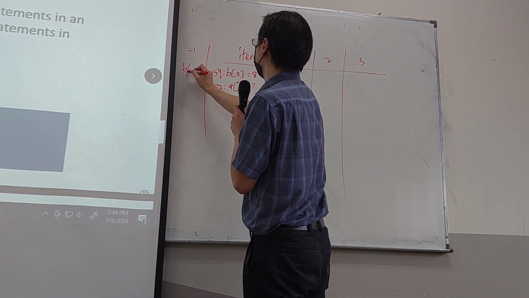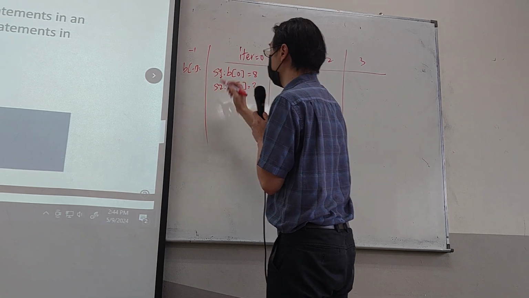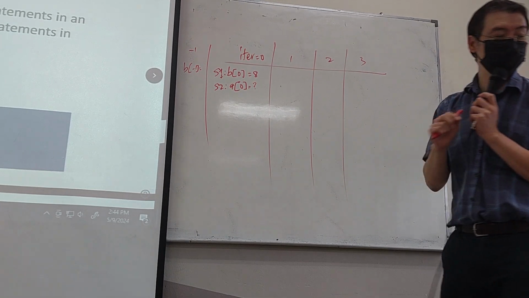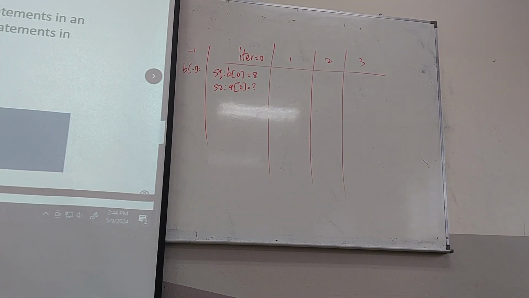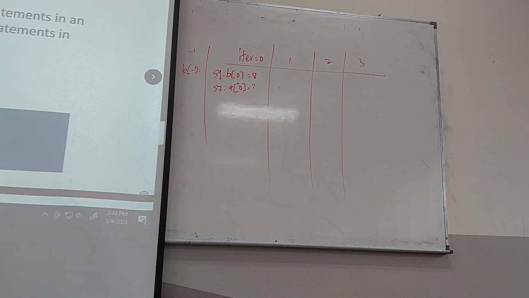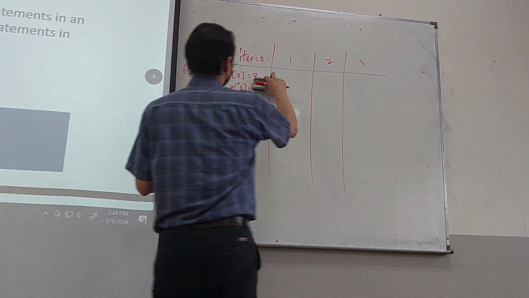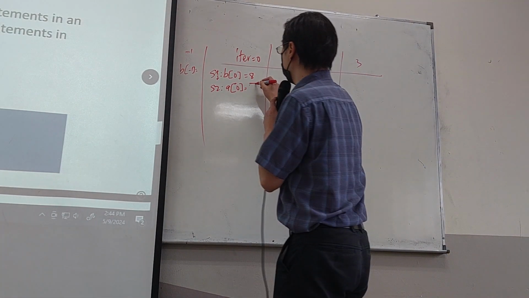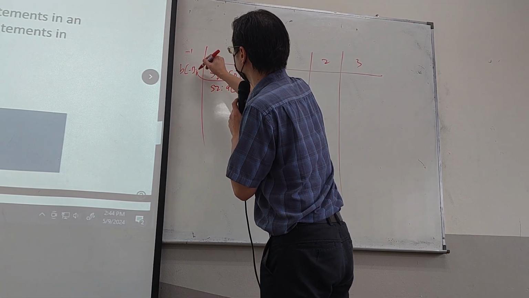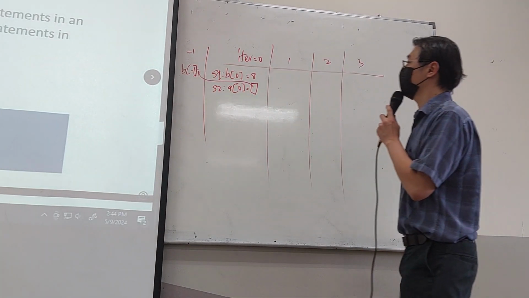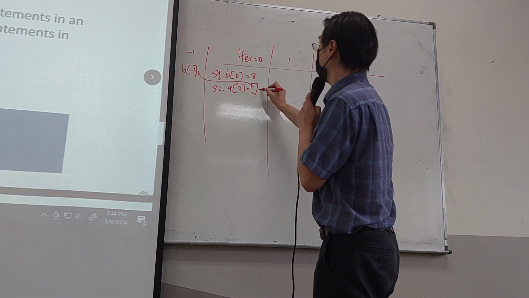B minus 1 is assumed to have a value here, and it's a value that comes from here, plus 10.